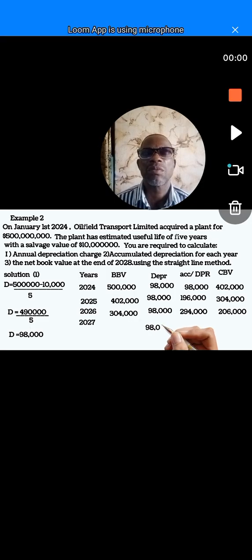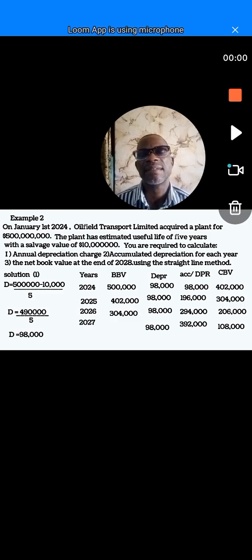And the accumulated depreciation is 292,000. While the carrying down value or the closing book value is 108,000.